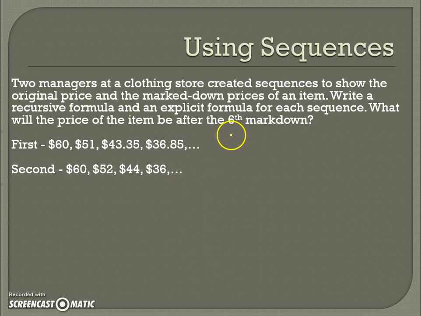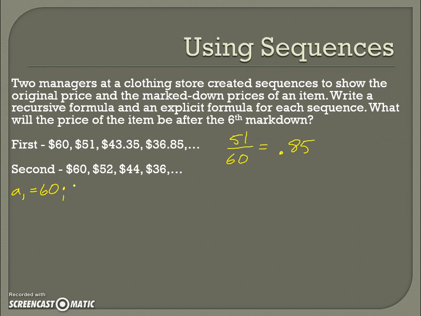So when I do 51 divided by 60, I get 0.85. It looks like this is being discounted 15%. So that's what the markdown was. Every single one of these divided by the preceding term equals 0.85. So there is my common ratio. There's my first term. So for the first one, I'd write a1 equals 60.